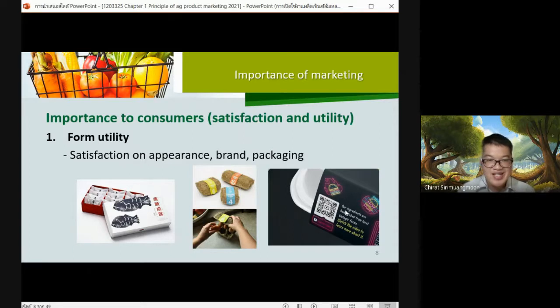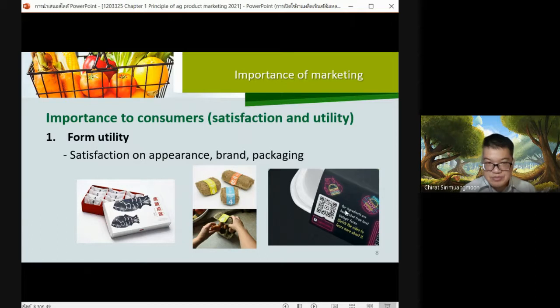The first one is that marketing has importance in terms of form utilities, the use of the form. Normally, marketing will be applied for giving some satisfaction on the look, like here, the box. Japan is the country that has a very good reputation for good looking packages, like here.